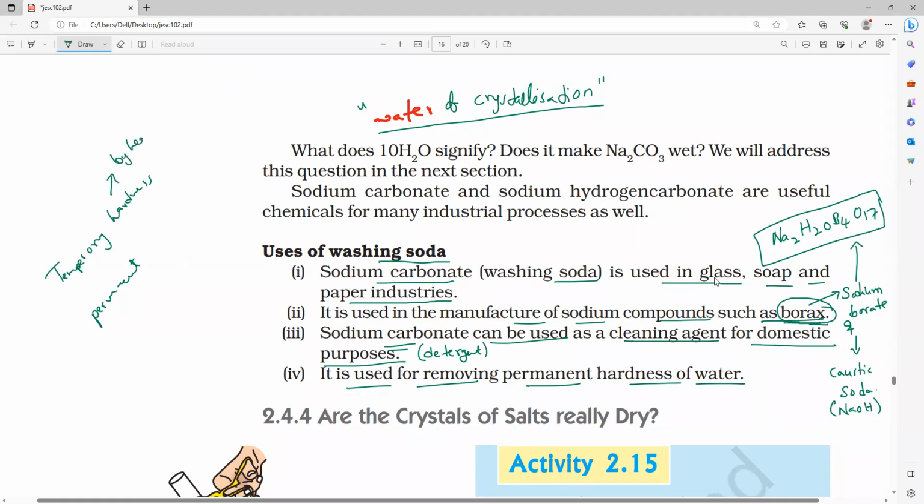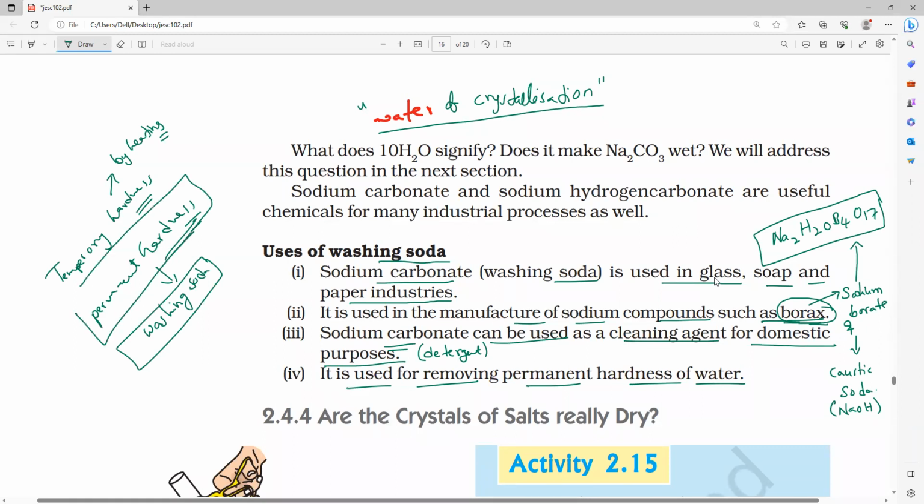But permanent hardness will not be removed by heating, so it has to be chemically treated. We use washing soda to remove it. Class 8th does not have anything on that; the entire thing I will send you after this class.